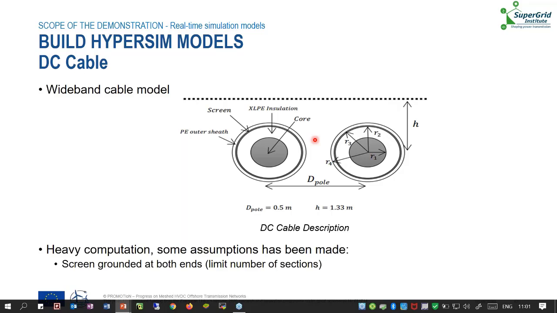So one is that the screen was only grounded at the ends of the cable, so we avoid having a high amount of cable sections. So we only had 4 cable sections in order to have 4 fault locations, but the grounding is only at the ends. And also we neglect the effect of the screen, so we can choose a model that represents only the core of the cable. So we have 2 conductors instead of 4.